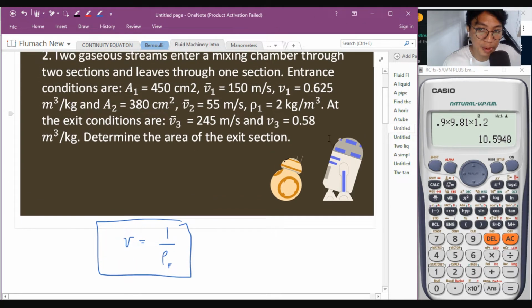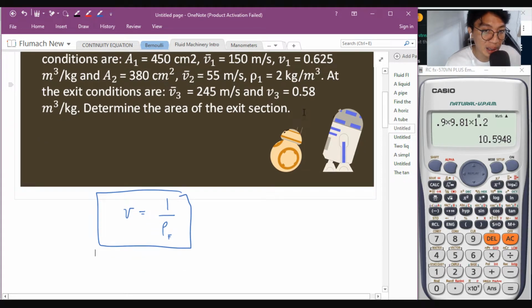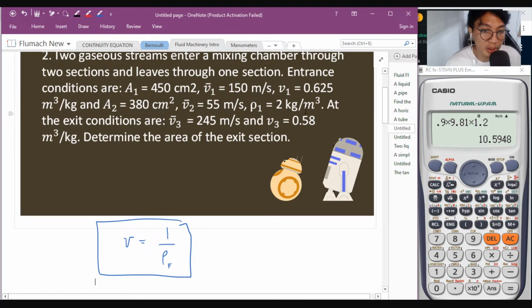So, specific volume of the fluid is 0.625 meter cube per kilogram. Sa area 2, that is 380 cm squared. Velocity is 55 meter per second. And density 2 dapat to, hindi 1. Density 2. This is 2. Equal to 2 kg per cubic meter. At the exit conditions, meron kang binigay dyan.